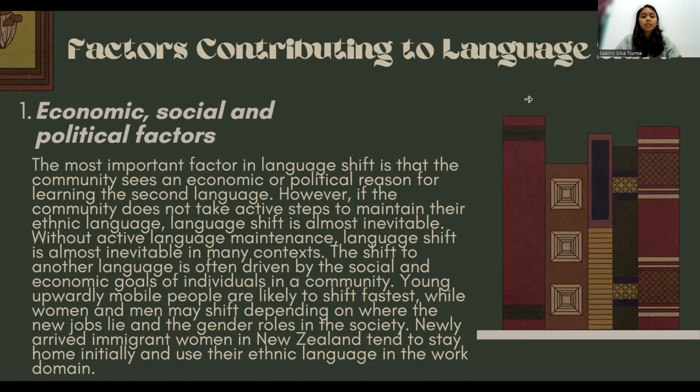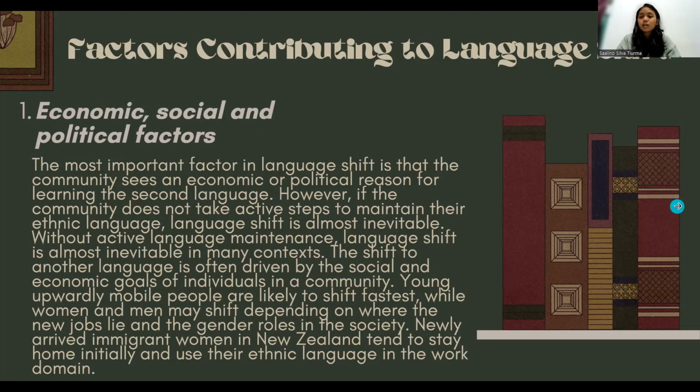However, if the community does not take active steps to maintain their language, shift is almost inevitable. Without active language maintenance, language shift is almost inevitable in many contexts. So the shift to another language is often driven by the social and economic goals of individuals and community.